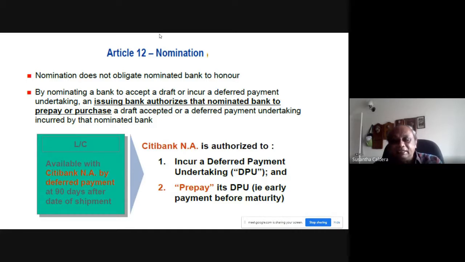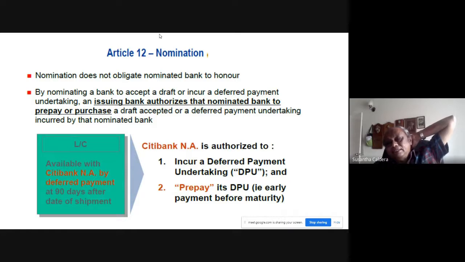Well, there's no bill of exchange involved, nothing accepted. It's only the deferred payment undertaking, right? So Citibank NA, as the available bank, has been nominated and can incur a deferred payment undertaking, and either pay on maturity or pay early before maturity.